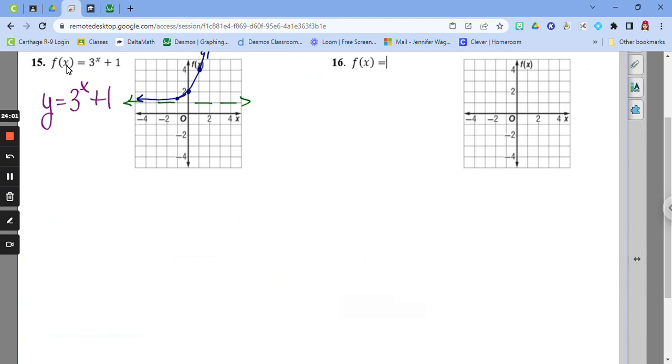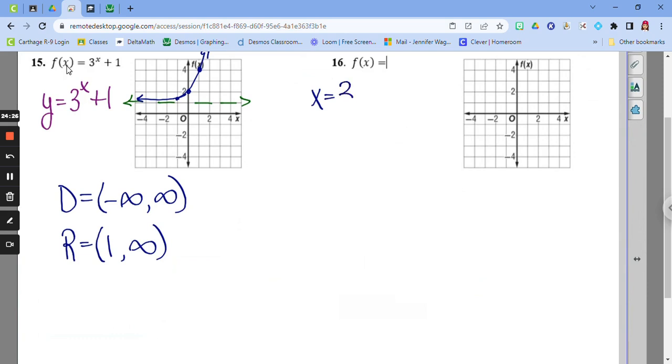That's what you should see on Desmos. Domain: always all real numbers for this. The range: this time, it's approaching 1 instead. So these are those logarithms we've been writing.